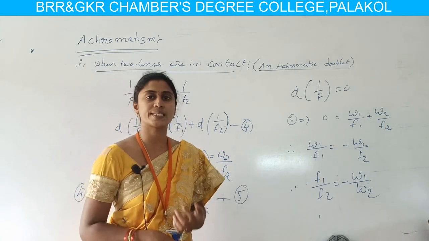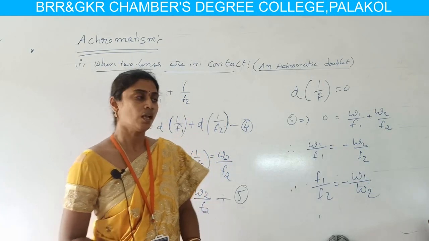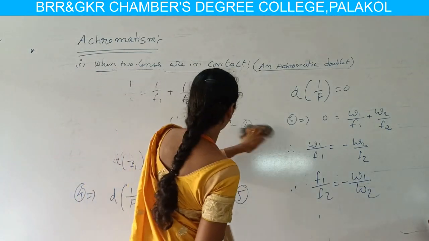But here the focal lengths are considered as positive signs, because we consider the focal lengths for an achromatic doublet.